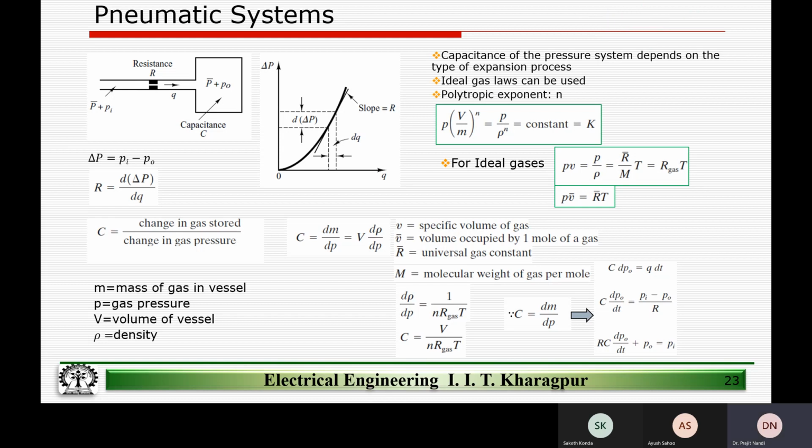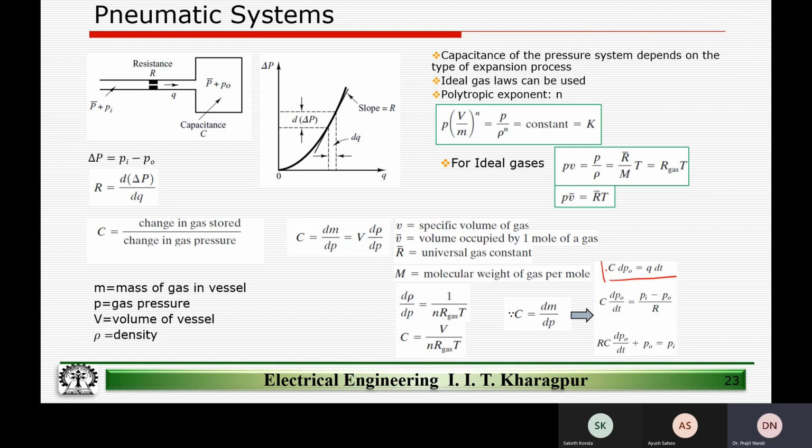So yesterday, we looked at how the capacitance is going to look in terms of the volume of the vessel here and the change in density, del rho by del P, right?